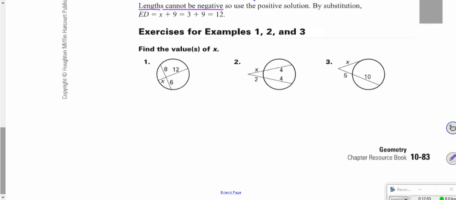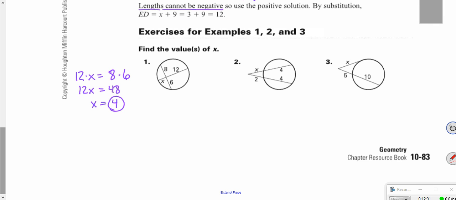So we've got 12 times x equals 8 times 6. So 12x equals 48, x equals 4. Hope you guys see that. It's just segment lengths. Number 2, now we're talking about secant segments.